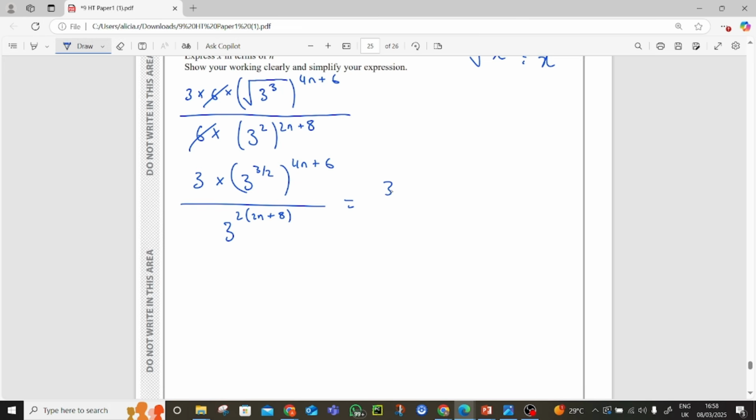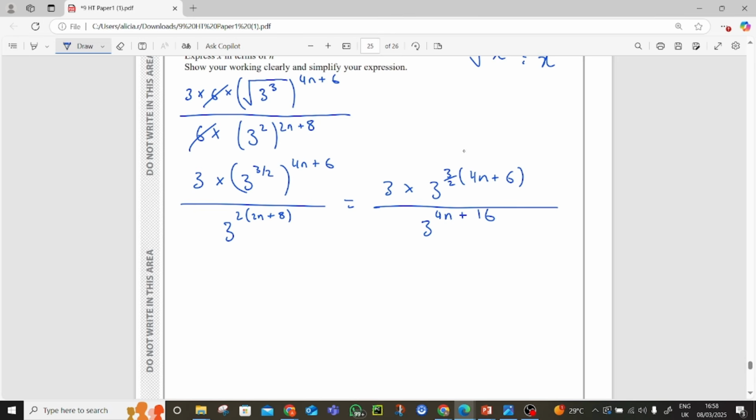So I have 3 times 3 to the 3 over 2 multiplied by 4n plus 6, all over, and I can do that expansion now. So this is 4n plus 16.